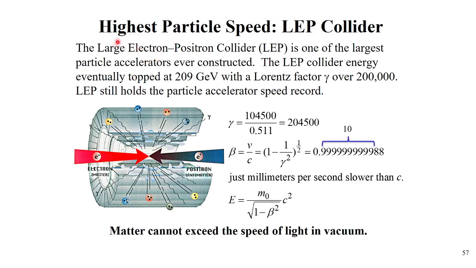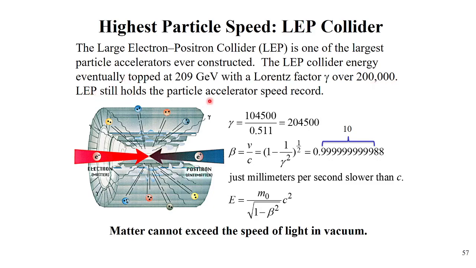Finally, let me show you the highest particle speed, of the Large Electron-Positron Collider, the LEP collider. LEP is one of the largest particle accelerators ever constructed. The LEP collider energy eventually topped at 209 GeV with a Lorentz factor gamma of over 200,000.